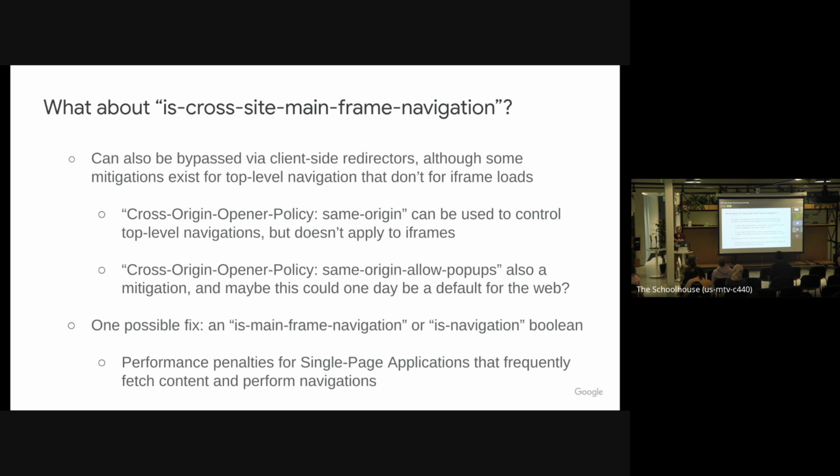But this also isn't a silver bullet, because it may have significant performance penalties for single-page applications, which typically load content through things like fetch and then display them to the user. And so if things are fetching and then also performing navigations, then those will be in separate cache partitions, and this can have significant impacts for usability and performance.